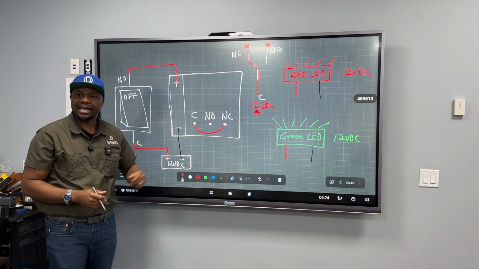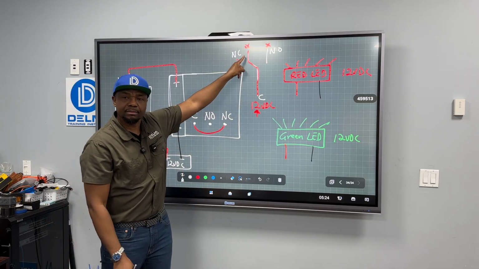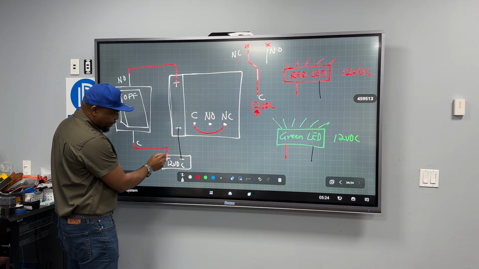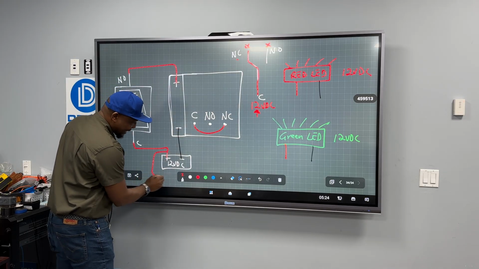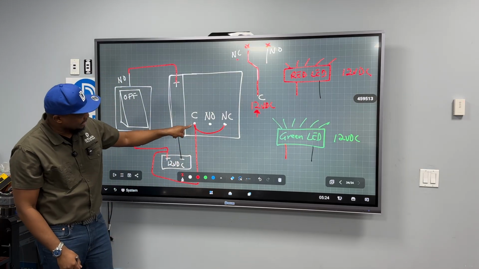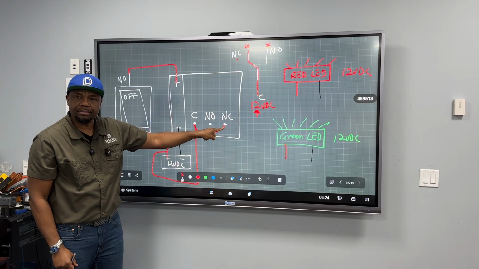That is what is happening inside between the common and the normally closed. So when I take 12 volts DC from here and bring it to this common, guess what? This is how it is. So that voltage is going to be here.